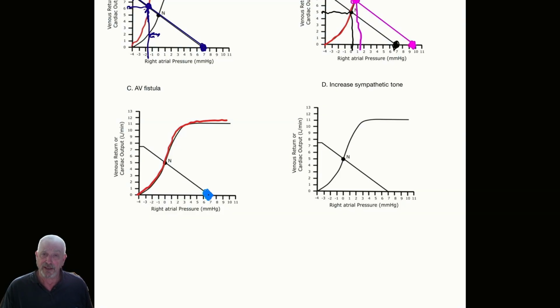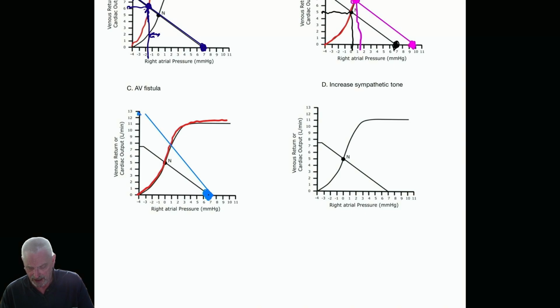And finally, we said adding a resistance in parallel decreases the total resistance. So which way do we draw the curve? Clockwise or counterclockwise? That's right. Counterclockwise is a decrease in resistance. So we draw the curve up and to the right. And so our new venous return curve looks like this with the decrease in total peripheral resistance.